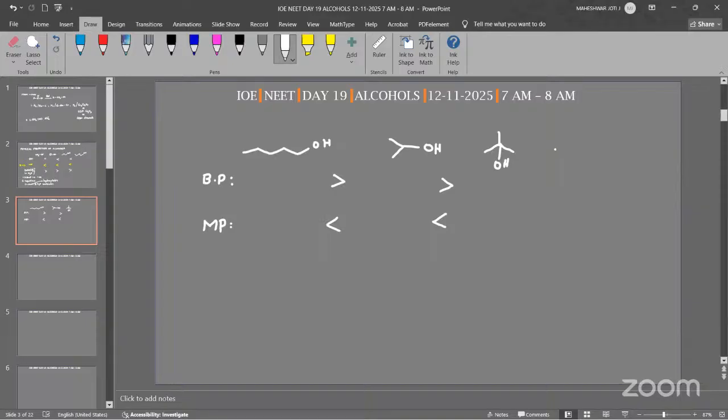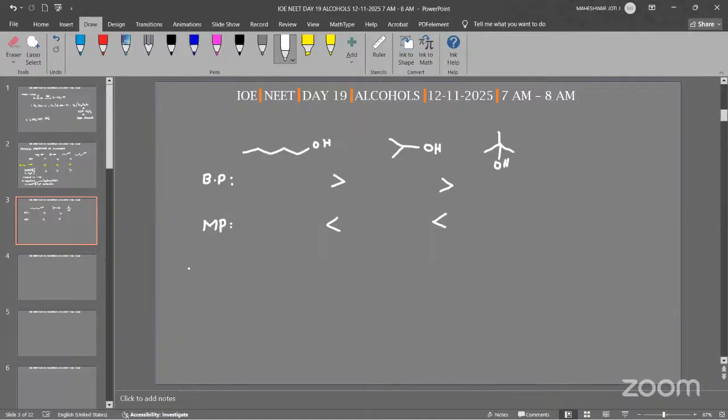As compactness increases, molecules are tightly packed or closely packed. When they are tightly packed, there will be more intermolecular attractions. So melting point increases. Right?